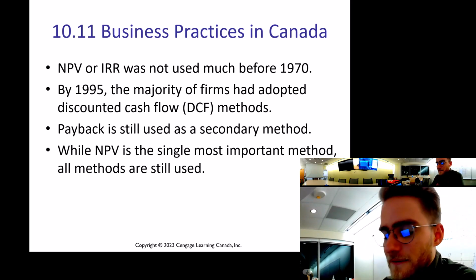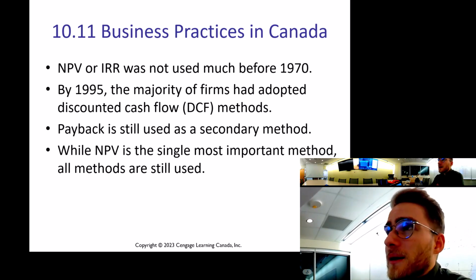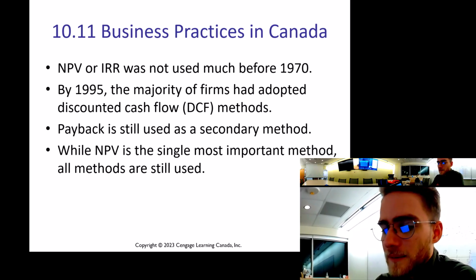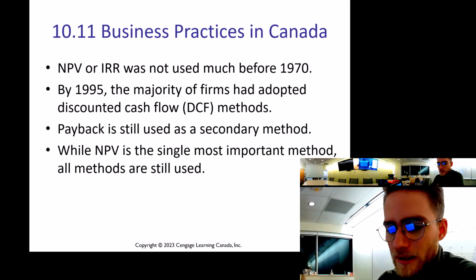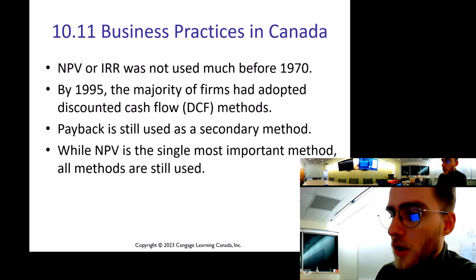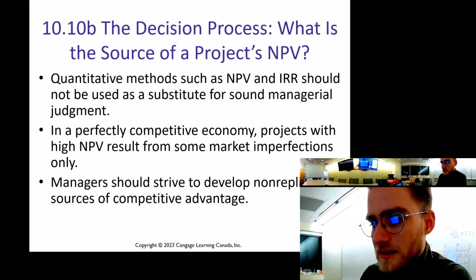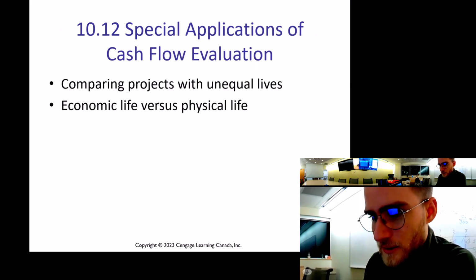And then by 1995, a majority of firms had adopted the discounted cash flow methods. It was mainly NPV, factoring in the time value of money as well. So while NPV is the single most important method, all methods are still used to come up with a balanced understanding of the viability of a project.